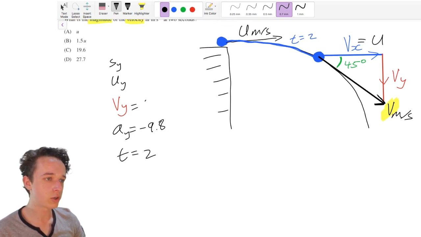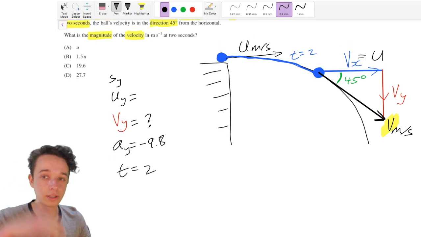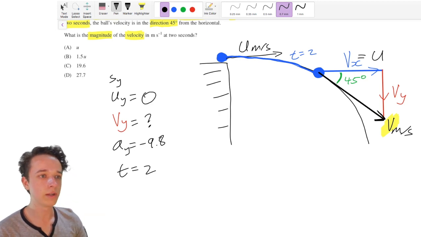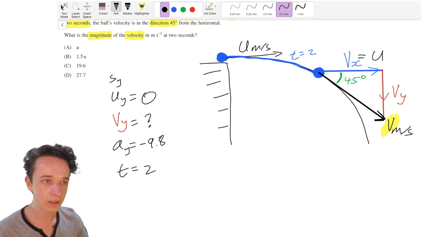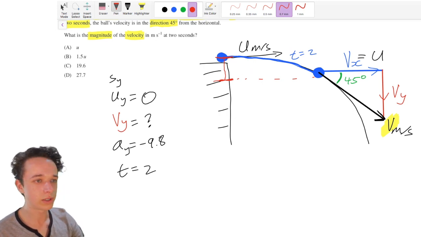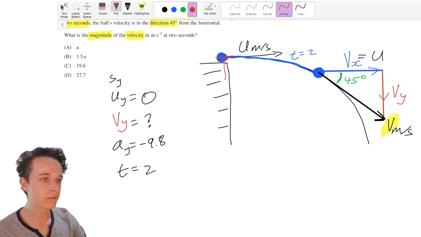Vy is the thing we are trying to find, so I'll put a question mark. Uy, the initial velocity in the y component, is equal to 0 because the only velocity that exists at the initial point is in the horizontal direction. Do we know what Sy is? It would be the displacement here, and no, we do not know what that is, so we won't write anything down for that.